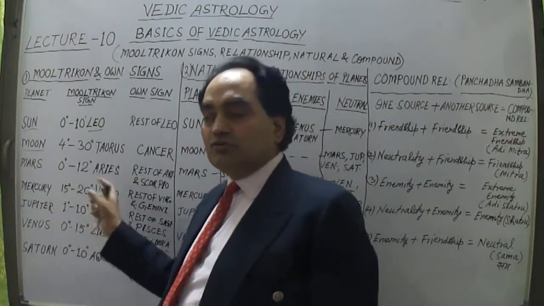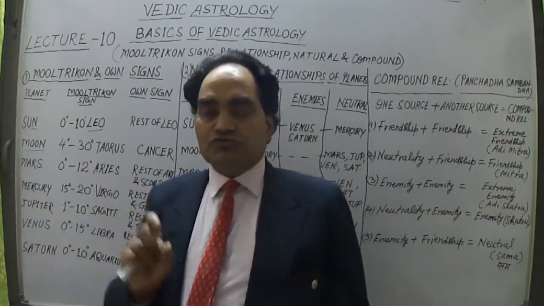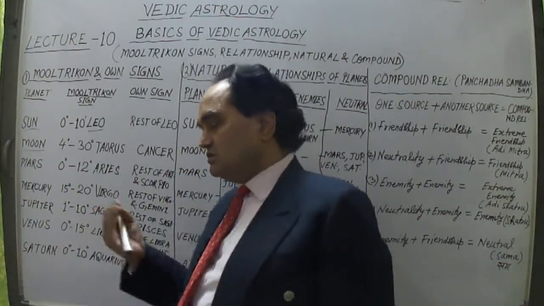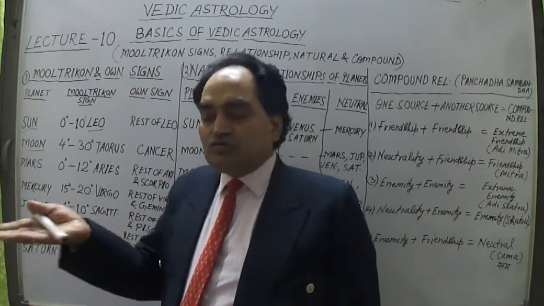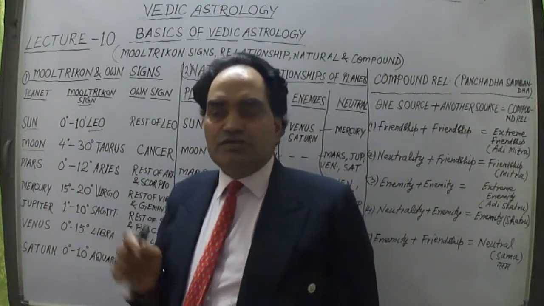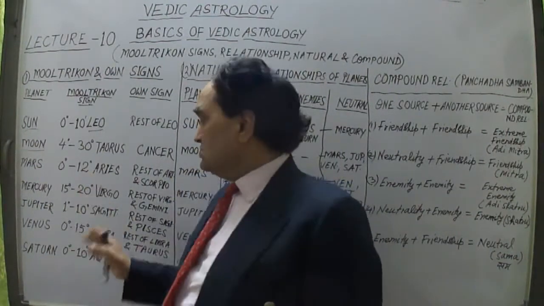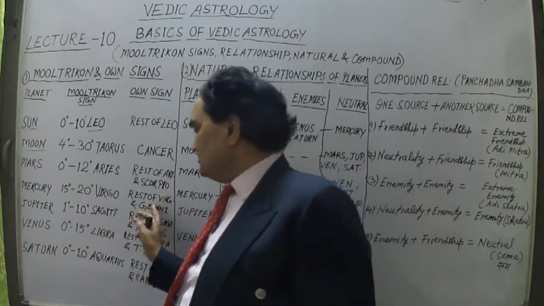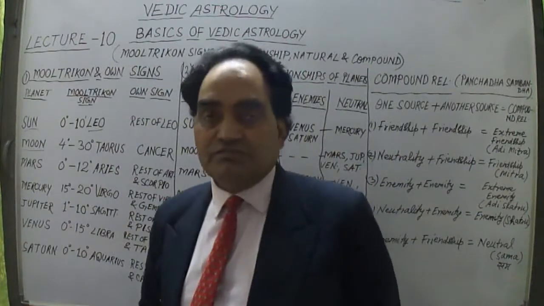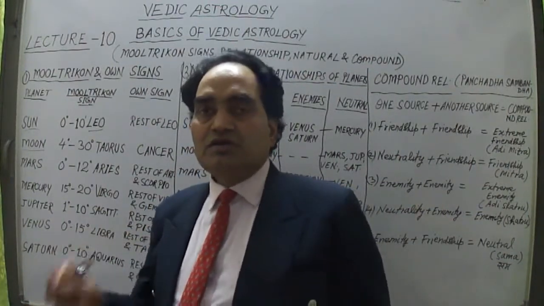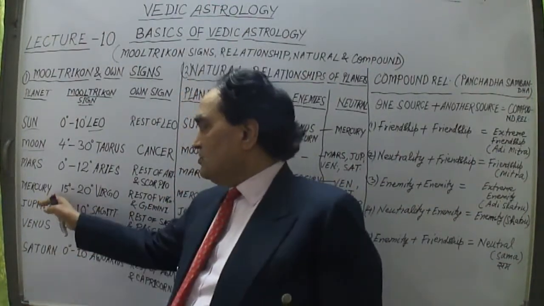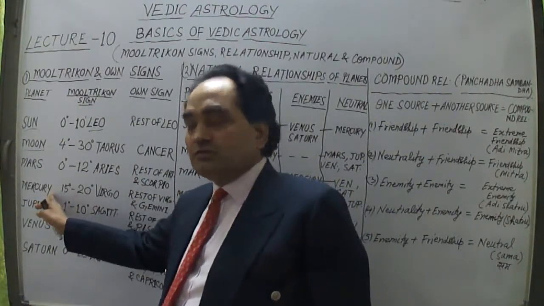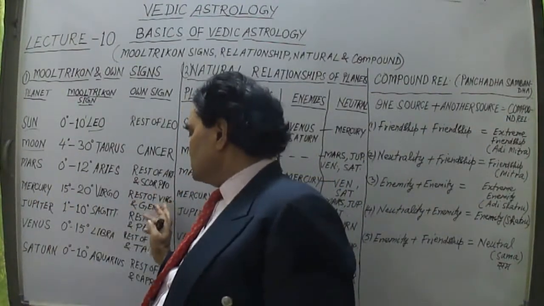So 15 to 20 degrees is his Mooltrikon sign, and the remaining portion, from 20 degrees to 30 degrees, is owned by Mercury. The complete Gemini sign is also owned by Mercury, along with the remaining portion of Virgo.